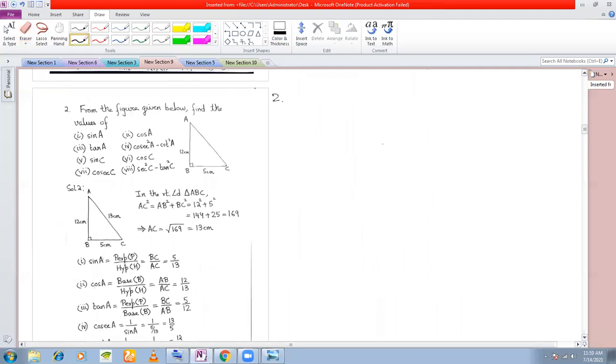Number 2. Okay. In this, this is given to be 12 centimeters. This is given to be 5 centimeters.